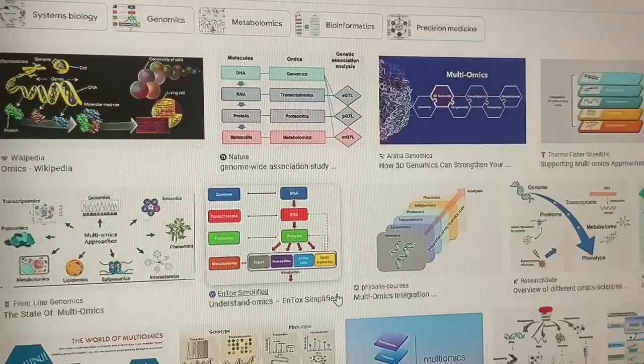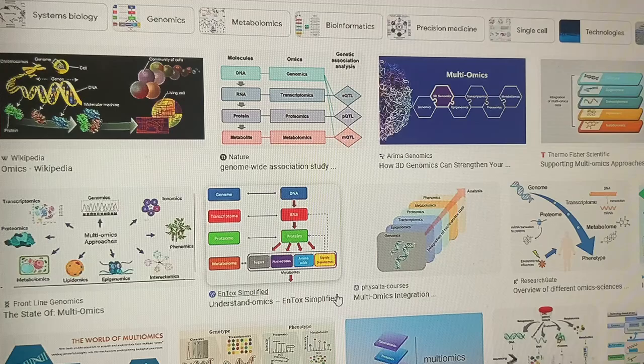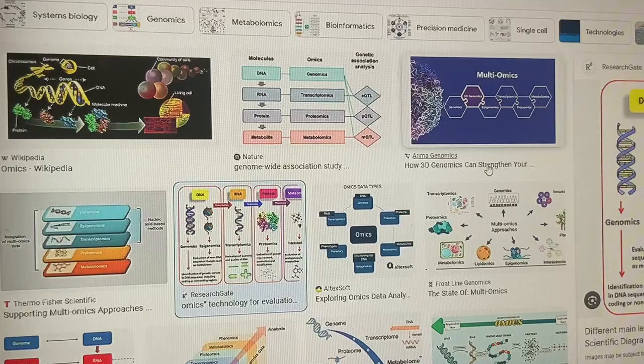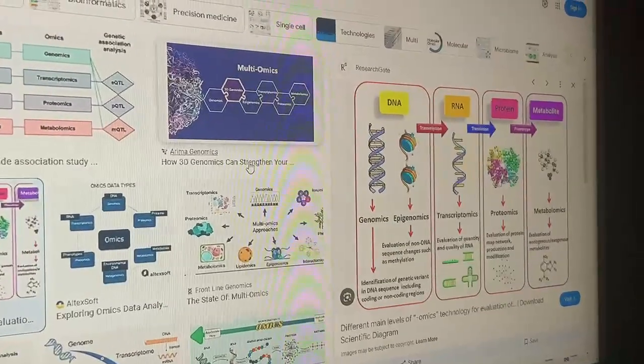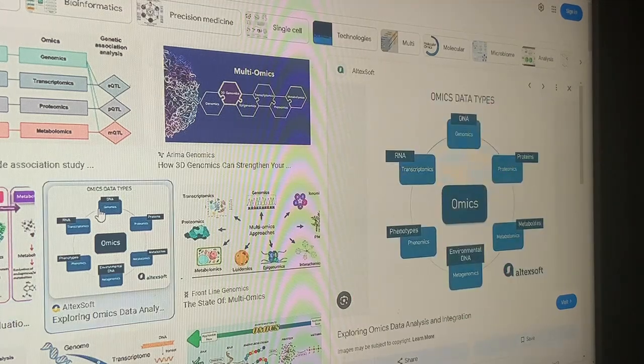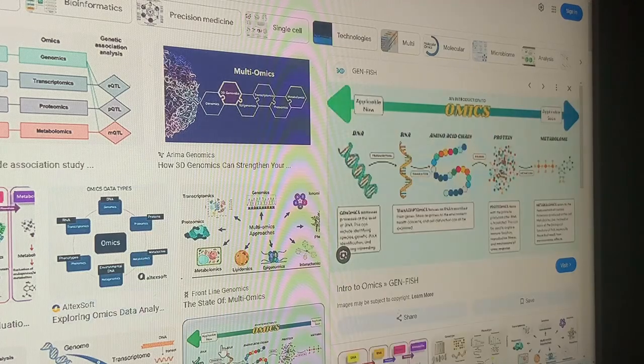Then I click on images. We'll be here all day. Nature, genome-wide association study, Frontline Genomics, multi-omics integration, ResearchGate, omics and technology for evaluation of your seq RNA, your mRNA, your CRISPR-Cas9, and all the different ways we're using precision AI healthcare with phenotypes.